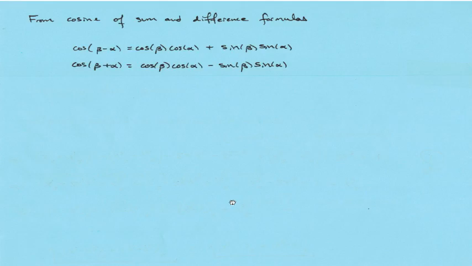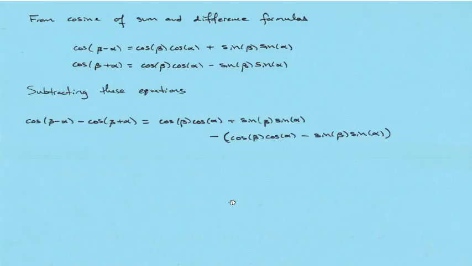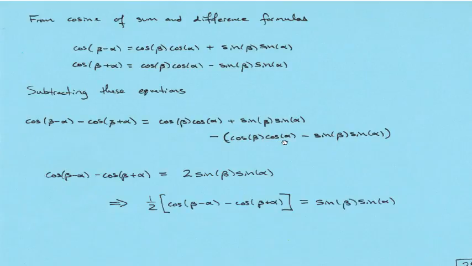Okay, so now if we come back to the cosine of beta minus alpha and cosine of beta plus alpha, instead of adding the two identities together, if we subtract the two identities, now the cosine of beta cosine of alpha will cancel out with the cosine of beta cosine of alpha, and that will leave us with the cosine of beta minus alpha minus the cosine of beta plus alpha as 2 sine of beta sine of alpha.